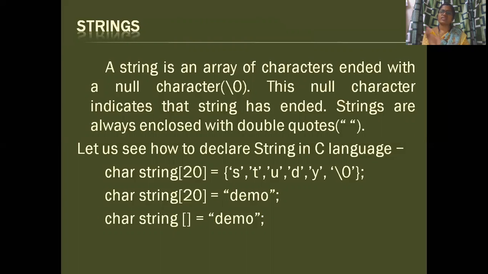An array is nothing but a group of elements. So it is a group of characters ended with a null character. This backslash zero indicates that it's the end of your string. So this null character indicates that the string has ended. Strings are always enclosed in double quotes. Anything enclosed in double quotes is called a string.